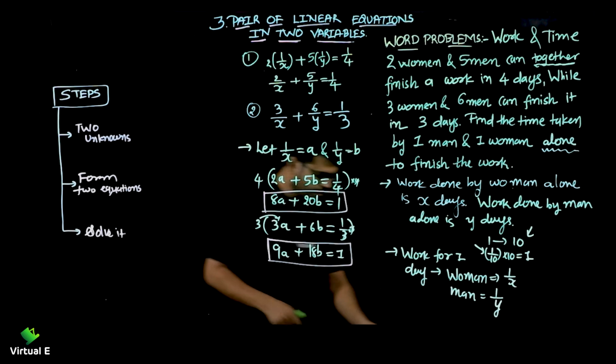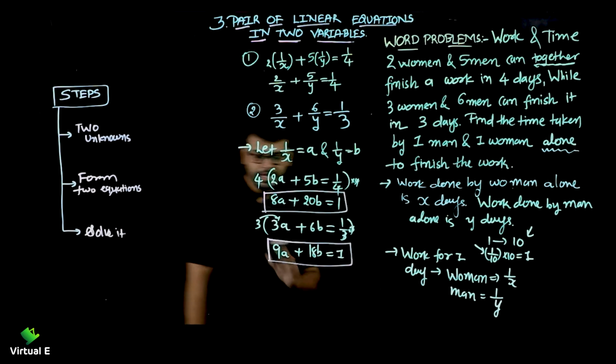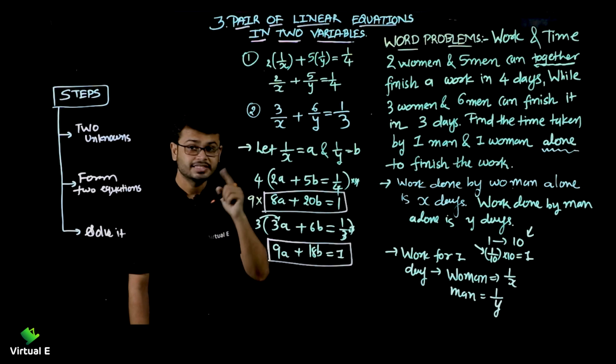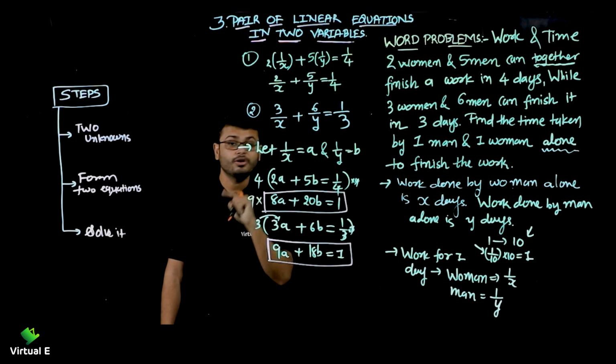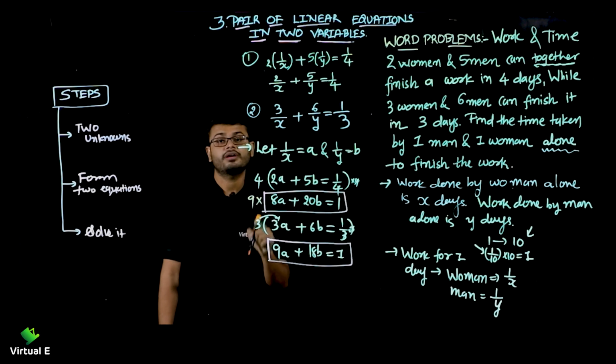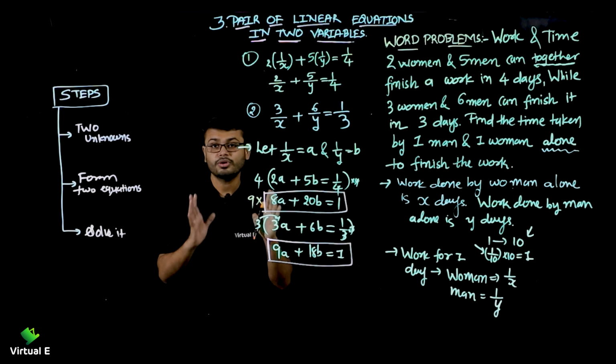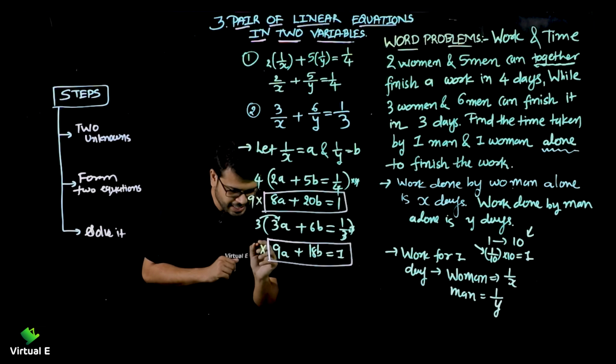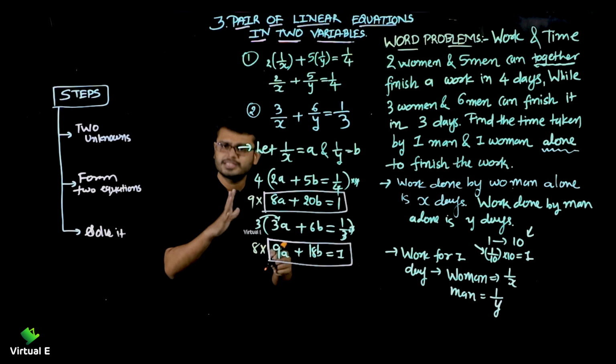So what will I multiply here? I will be multiplying here with 9. Why 9? Because 8 9s are 72. If I multiply 9 over there, what will I multiply over here? Think, 9 8s are 72, the combination I am making. What about here? 9 and 8. So 8 9s are again 72.